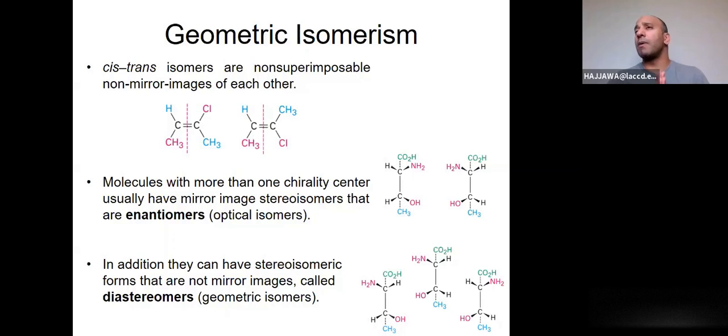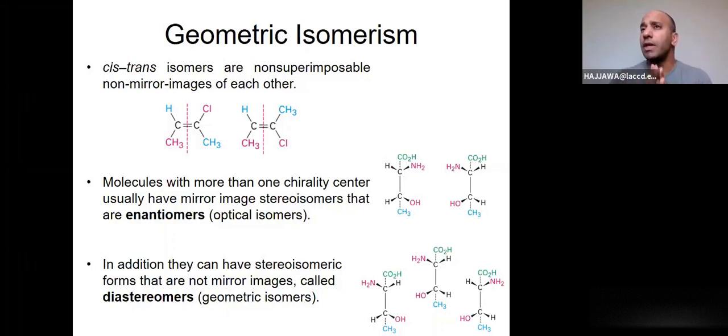So it's very important to keep in mind those two terms, enantiomers and diastereomers. What are enantiomers? Molecules that have opposite effect on plane polarized light. And they are mirror image of each other, non-superimposable. You can see me, I always use my hands as an example of those enantiomers.